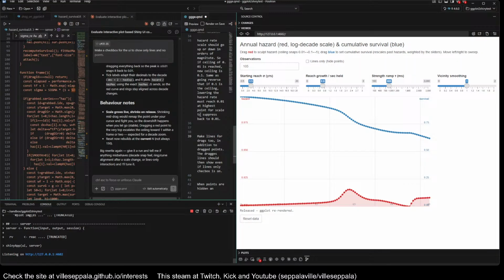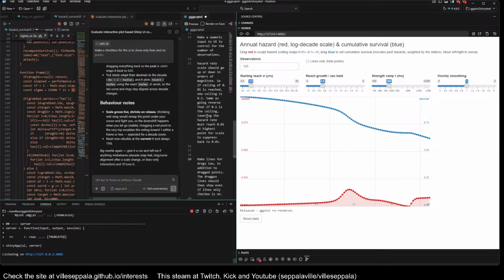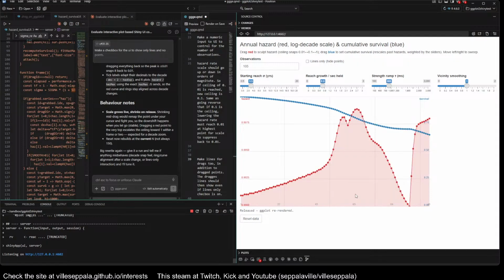Okay. Yeah, let's try this hazard rate scale now. So we have started. And this is like a change.